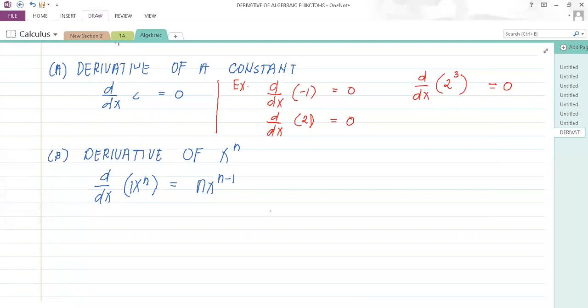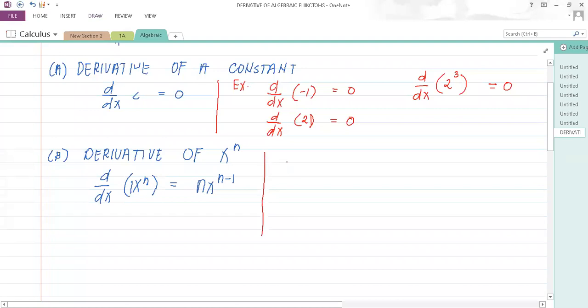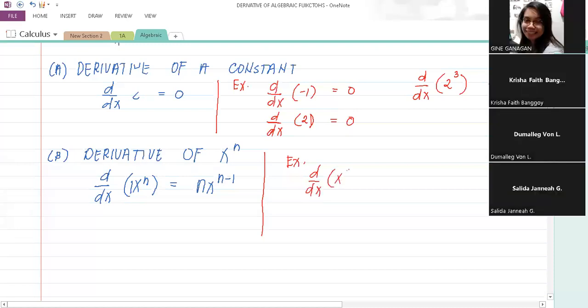Say we have an example. Differentiate the function or find the derivative of, say, x cubed. What would be the derivative of x cubed? That is in x raised to n form.